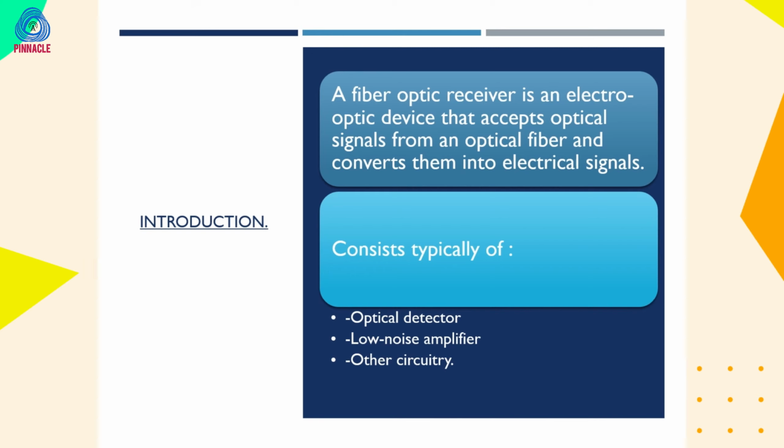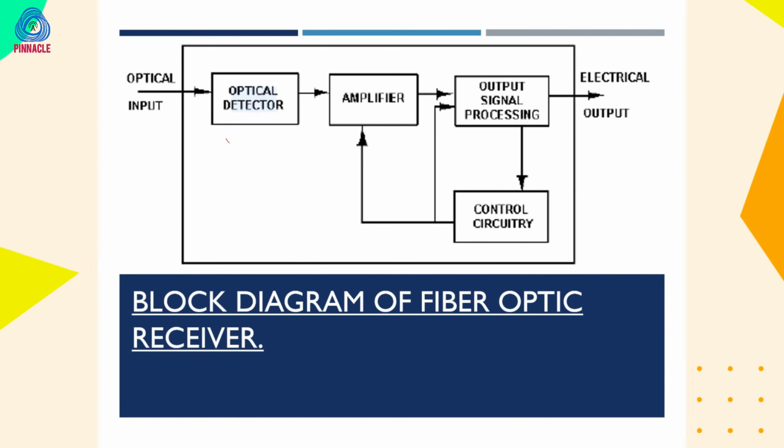So first we have to understand that a fiber optic receiver is an electro-optic device which accepts optical signals from the optical fiber and converts them into electrical signals. This is very important. The receiver consists of an optical detector, an amplifier, and a signal processing circuit.